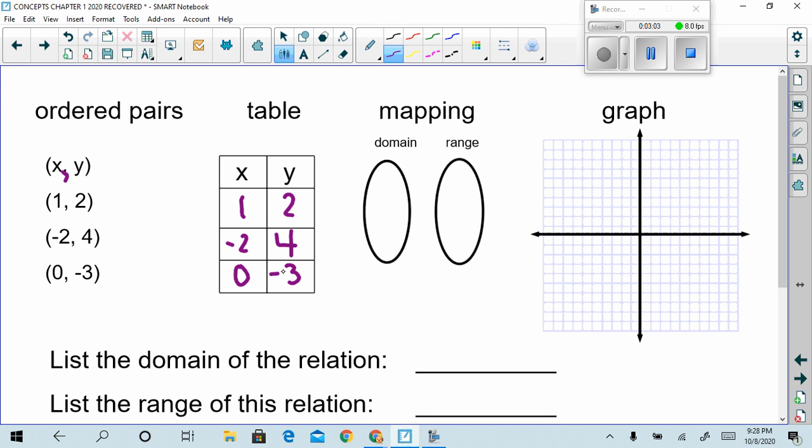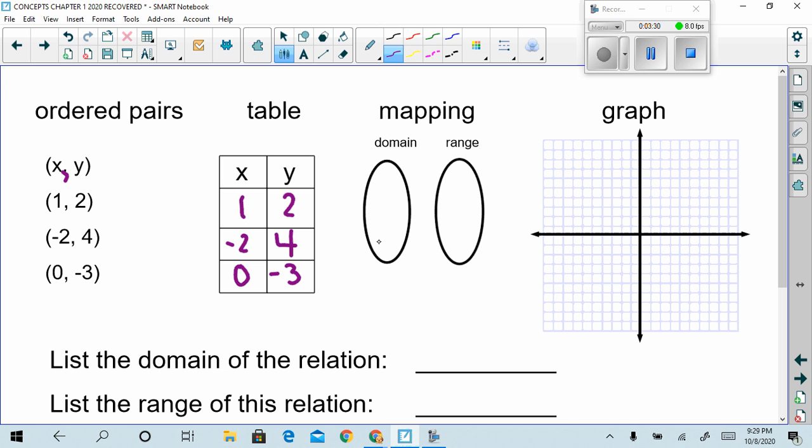I would then write these in my mapping, showing one going to the other, and then graph them. So take a look and see if you can complete that. We're going to go through this process together, then look at maybe a second example, and then you'll do a little practice on this tonight.